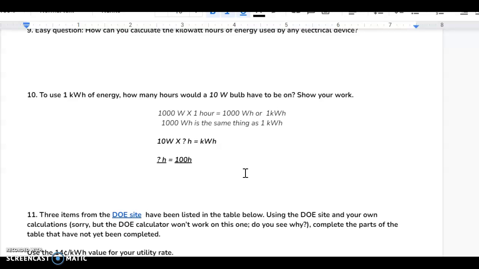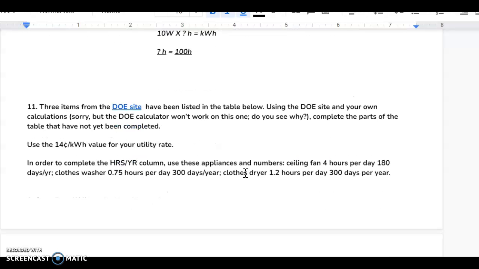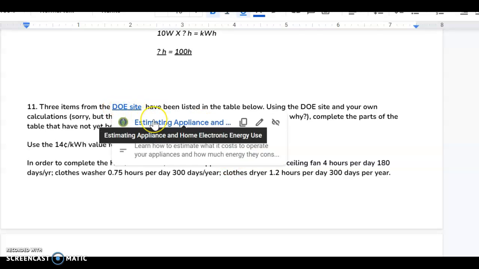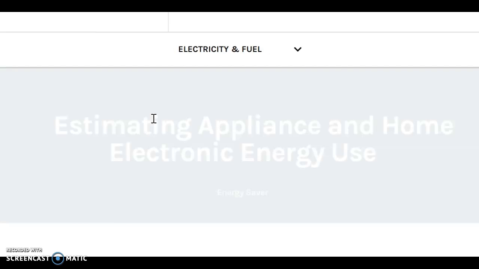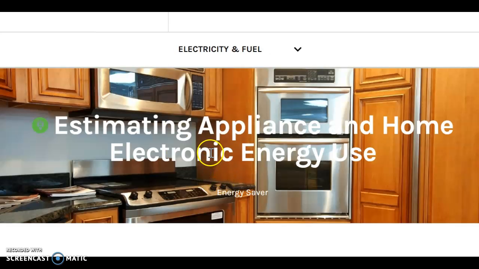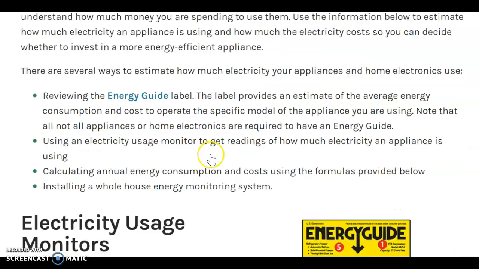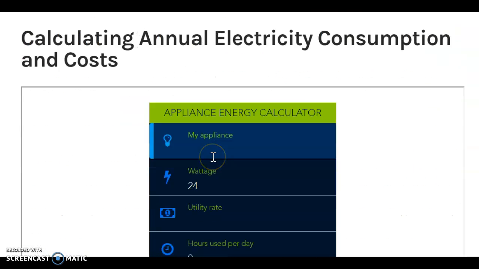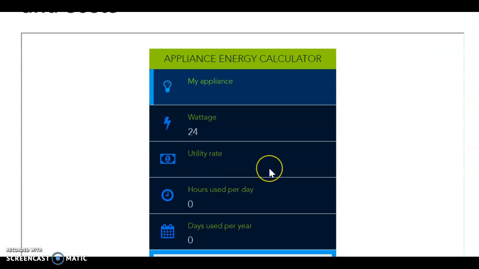Okay, and then 11 is a little different here because you're going to the DOE site. And if you scroll down here, there's a nice calculator.